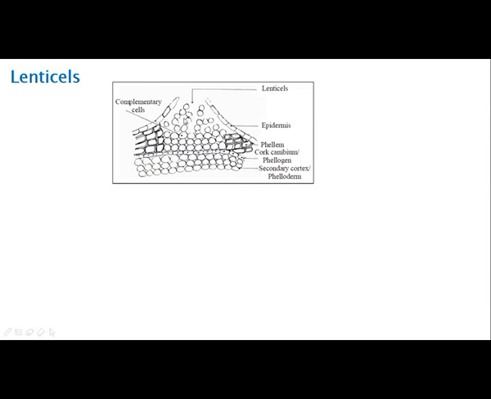And this is the epidermis, and these are the groups of scattered living cells. These scattered living cells are known as complementary cells, and they form an open space called the lenticel, which is formed in the stem and helps in the exchange of gases. Now coming to bark.